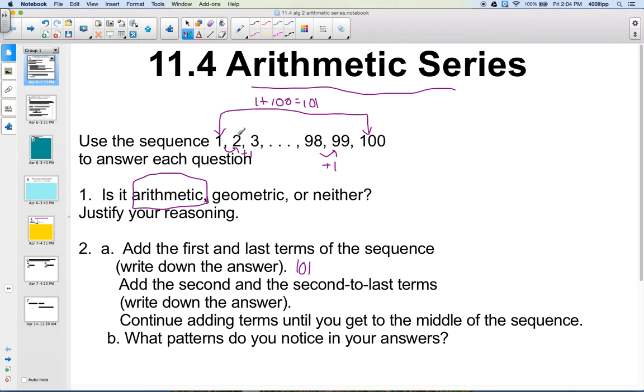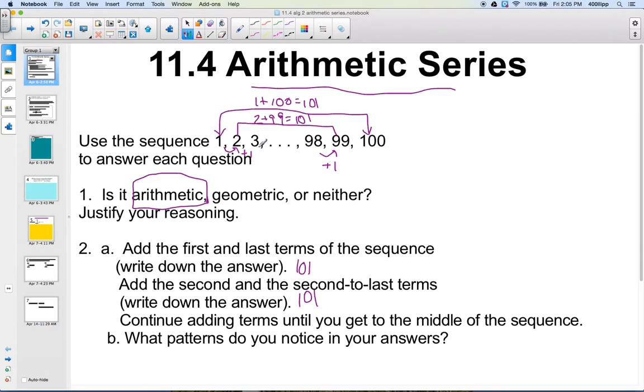That's 2 plus 99, well, that is 101 also. Okay, continue adding terms until you get to the middle, or we can just see what pattern we notice.